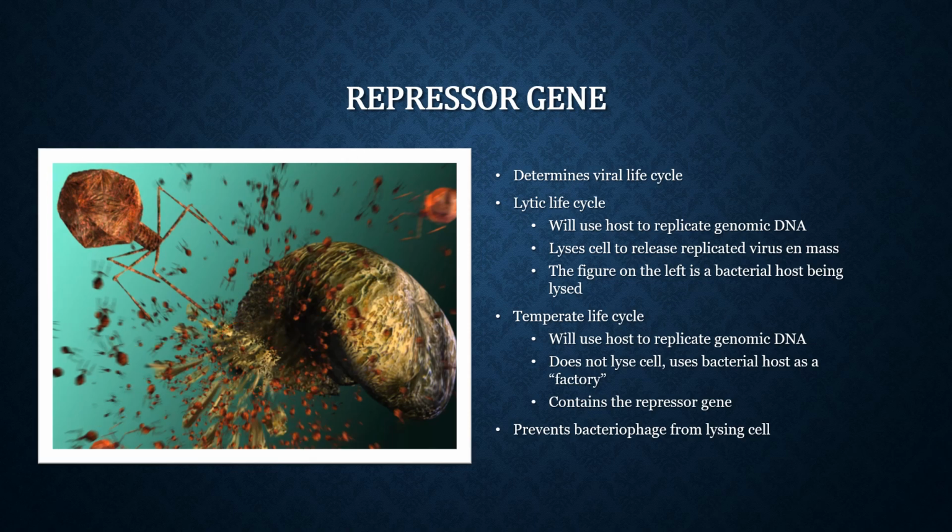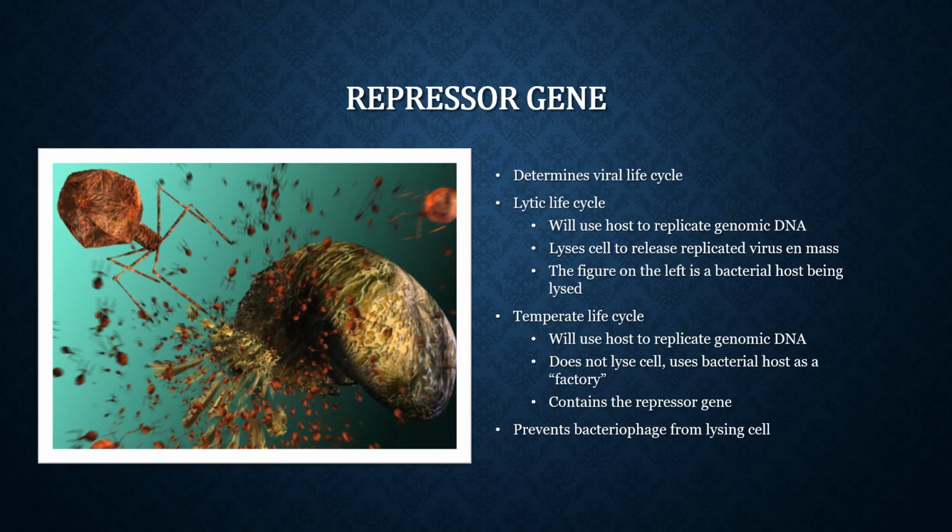If a bacteriophage does have the repressor gene, it will be in the temperate life cycle. Meaning it will also use the bacteria to replicate its DNA, but instead of lysing the cell, it will use it as a quote-unquote factory, where as the bacteriophages are replicated, they will kind of sneak out of the bacterial membrane in order to infect more bacterial hosts.